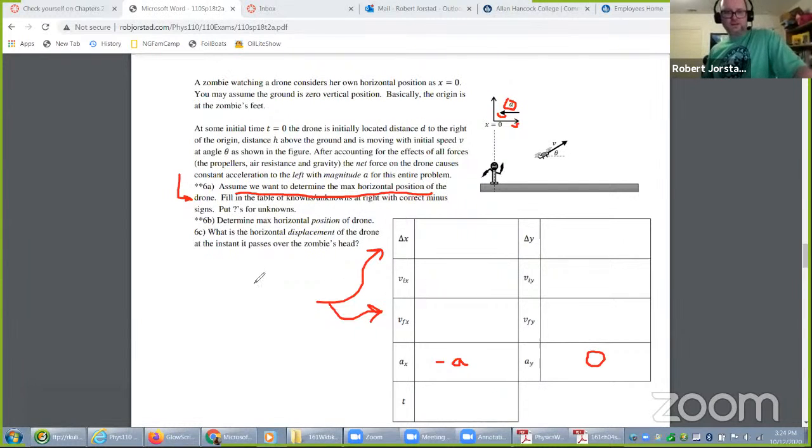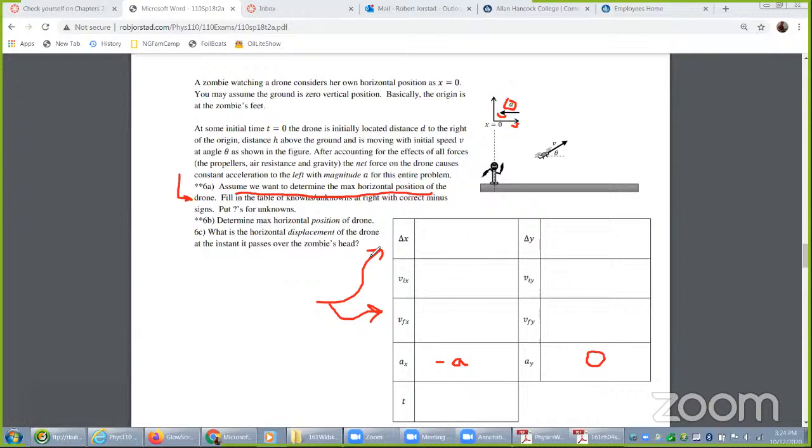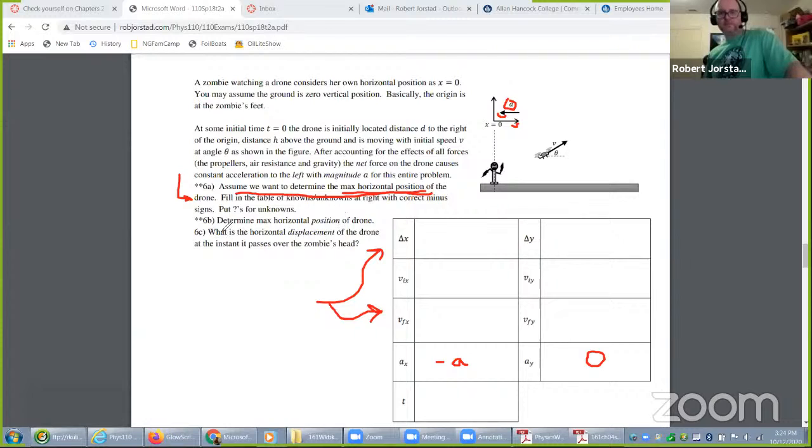All right, so do we know what delta X is? Yes or no? And if so, what is it? Negative D. No, we don't know what it is. That's what we're looking for. You're thinking perhaps of part C.